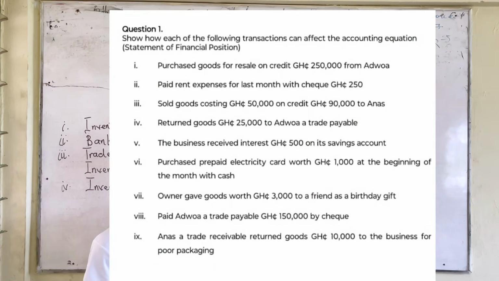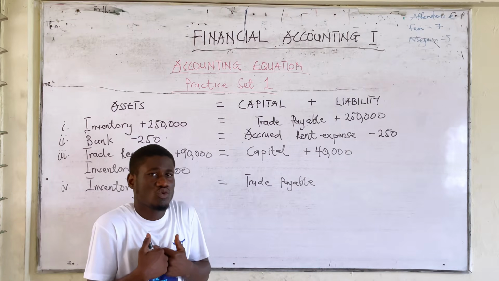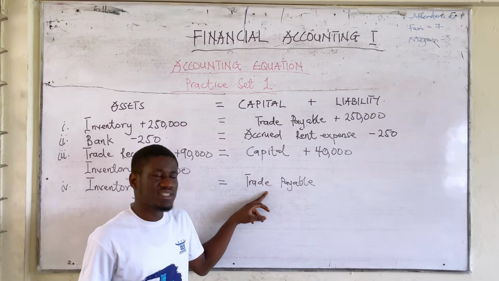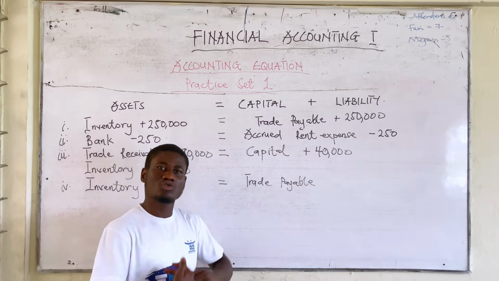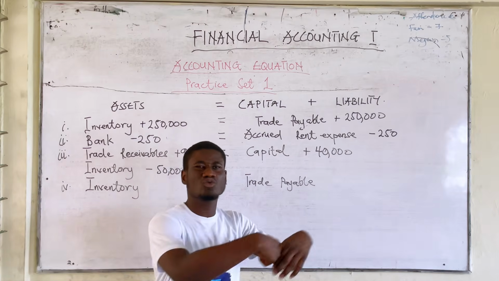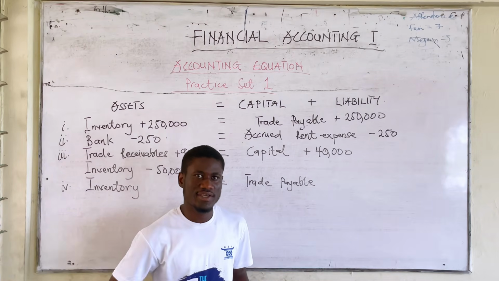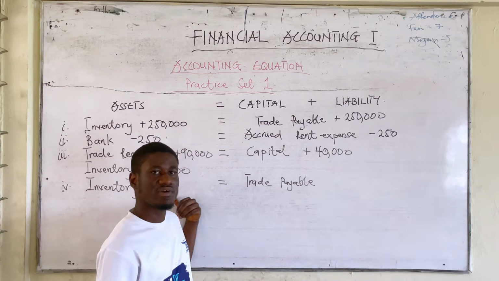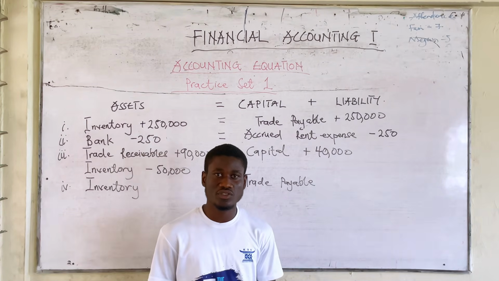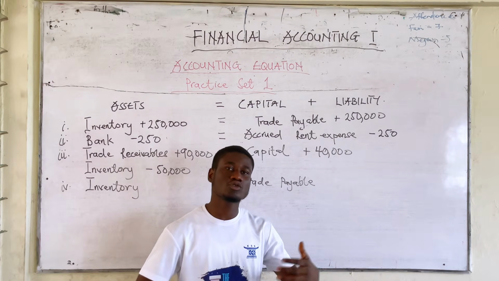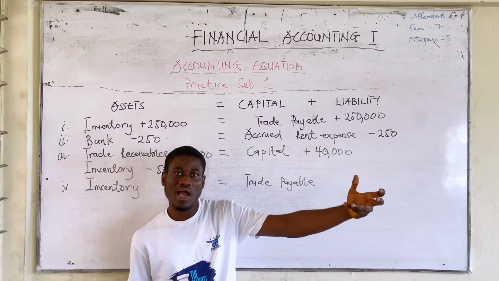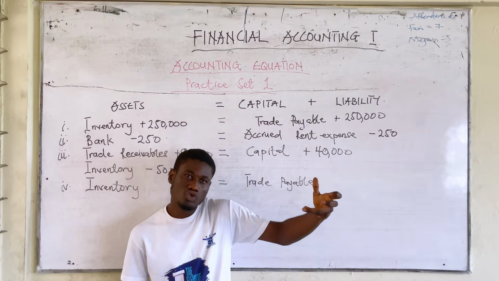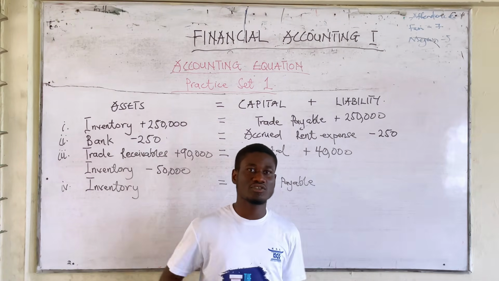Now the goods that we bought increase our inventory, but they also increase our liability. Now the goods that we bought, we return those goods back. So if we return those goods back, what is going to happen to our inventory? Our inventory is definitely going to reduce, right? Because we return those goods that we bought from our trade payables on credit. Those goods have been returned back to our trade payable.